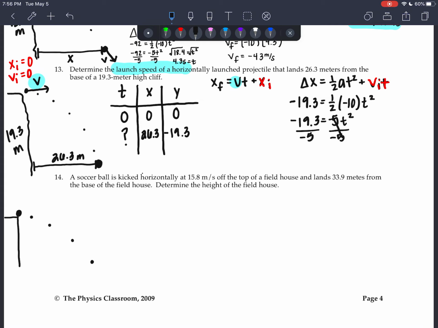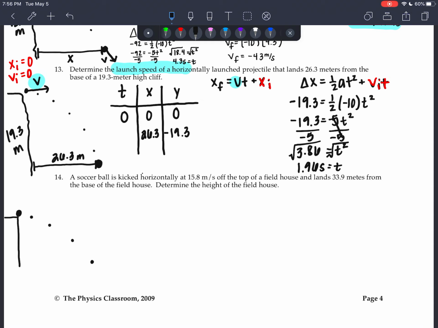So negative 19.3 divided by negative 5 gets me 3.86. This is equal to my time squared. So to figure out my time, I'll square root both sides. So the square root of 3.86 gets me a time of 1.96 seconds.